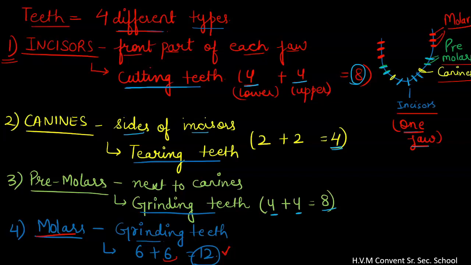This is the representation of one jaw, and the other jaw will also have the same number of teeth, so the number is doubled across both jaws. These are the four different types of teeth: incisors, canines, premolars and molars. In total, 32 teeth are present in an adult.